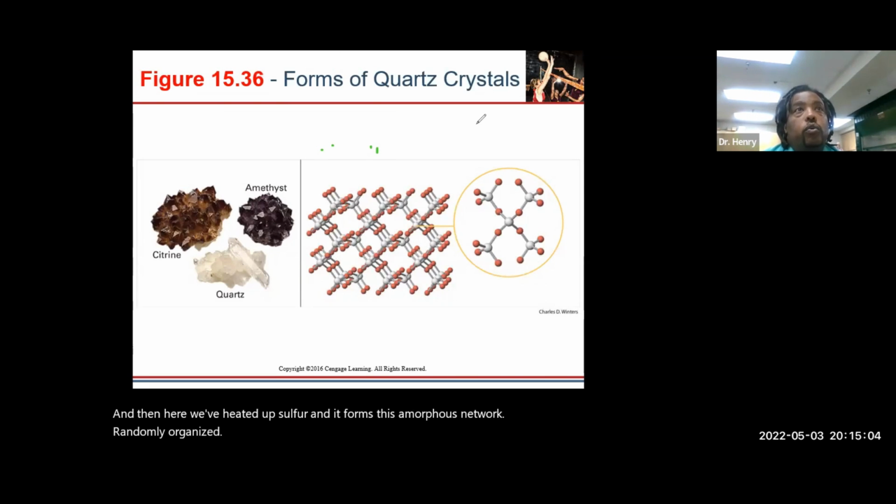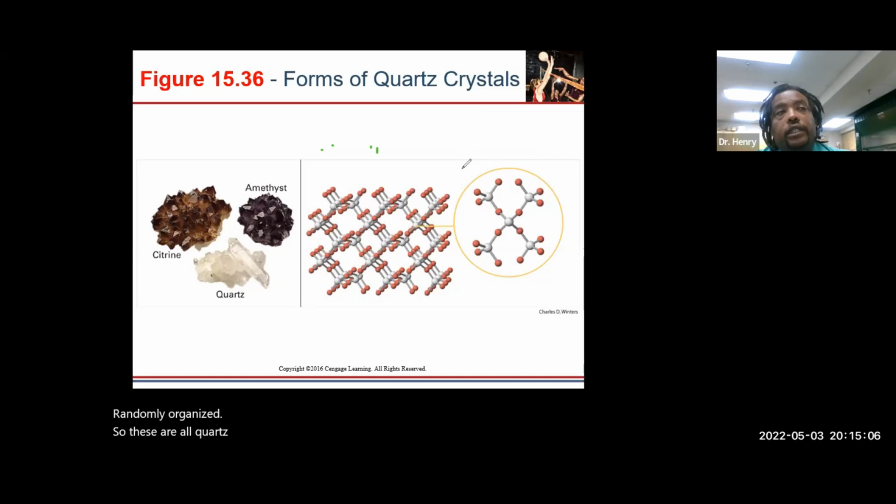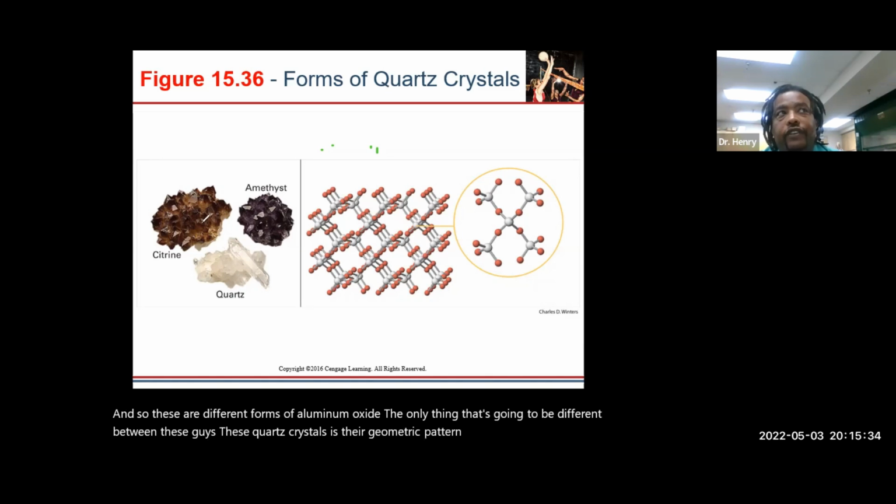So these are all quartz crystals. I want to say aluminum, not aluminum oxide. Actually, yes, I think quartz is aluminum oxide. So these are different forms of aluminum oxide. The only thing that's going to be different between these quartz crystals is their geometric pattern, which causes them to have different colors.